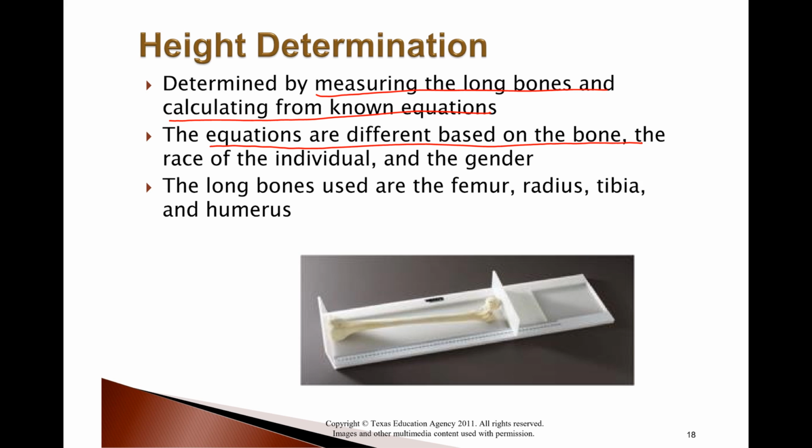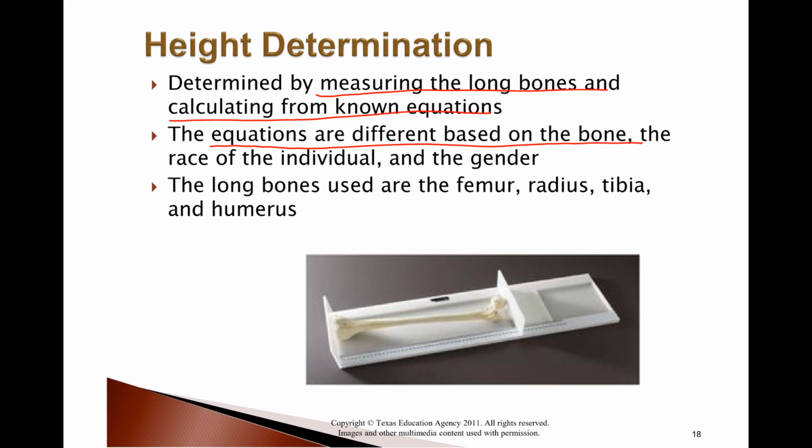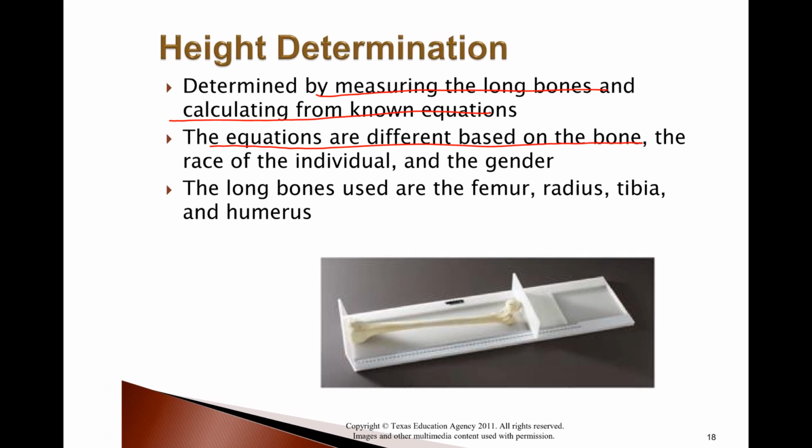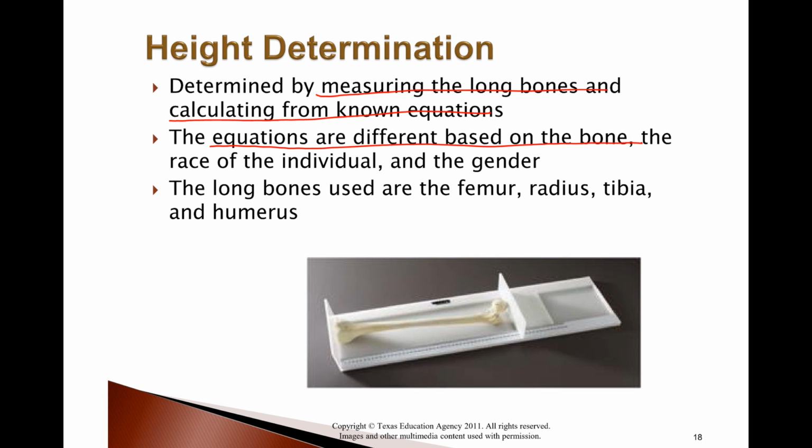So are we using a femur, which is a leg bone, versus a humerus, which is an arm bone, or a tibia or a radius? Whichever long bone you're choosing, that's going to change the equation that you use. You also have to take into consideration the race of the person, because not all of the races grow to the same height and size.